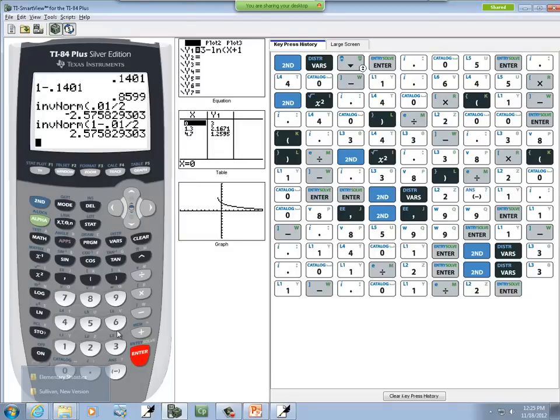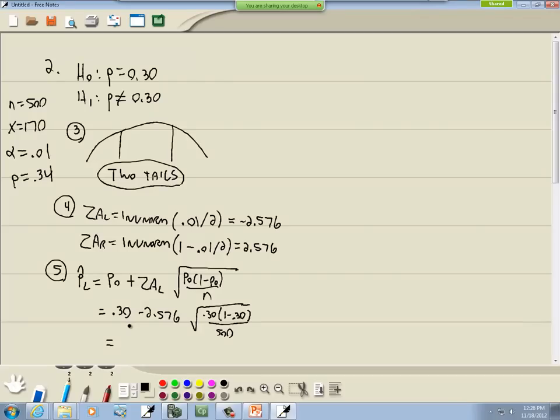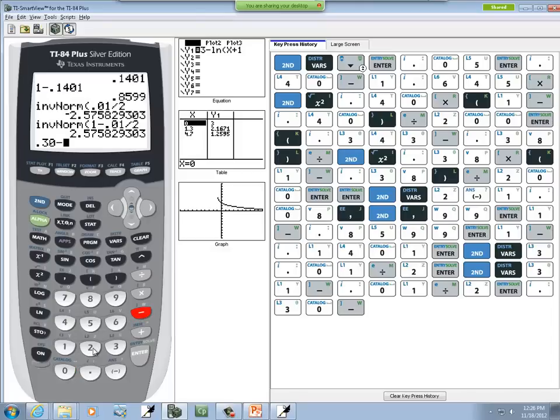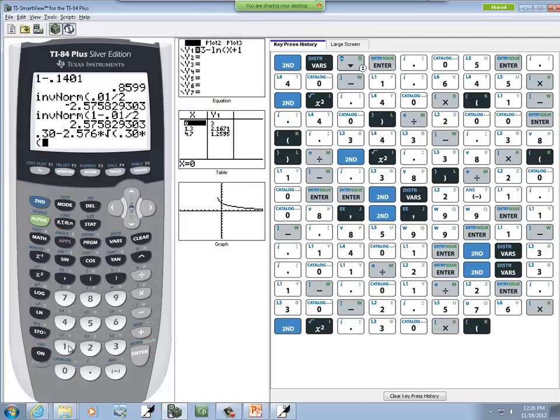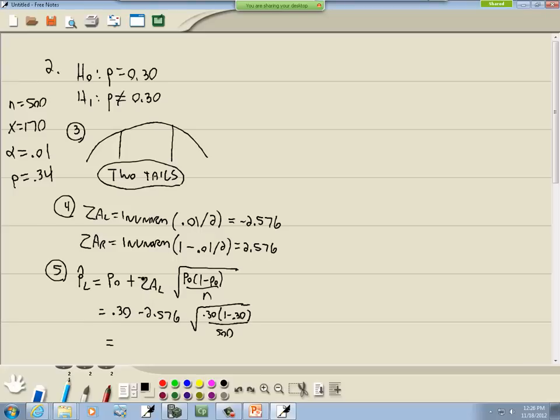Okay, so we get 0.30 minus 2.576 times square root, 0.30 times beginning parentheses 1 minus 0.30 closing parentheses divided by 500.